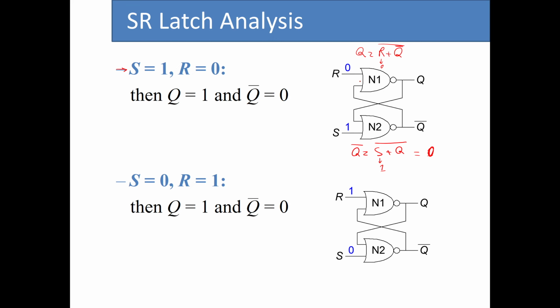So now that we have this, we can say Q bar is 0 now. So when Q bar is 0, this signal is being passed to the other input of N1. So now we have 0 NOR 0, which makes the output to be 1.